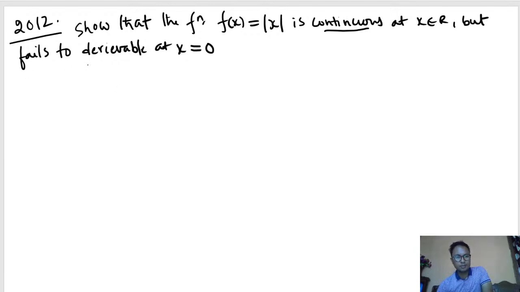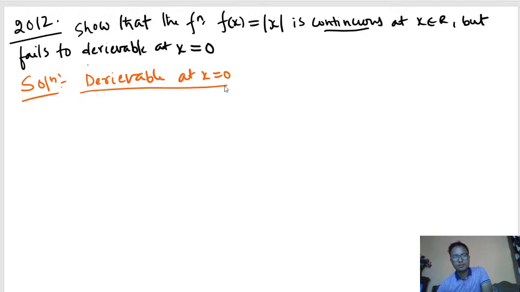Now we will show that it is derivable at 0.